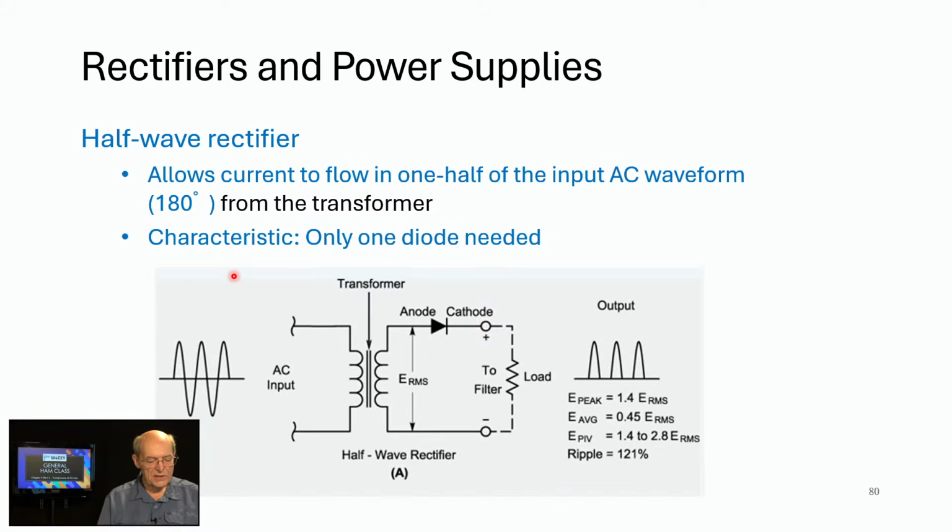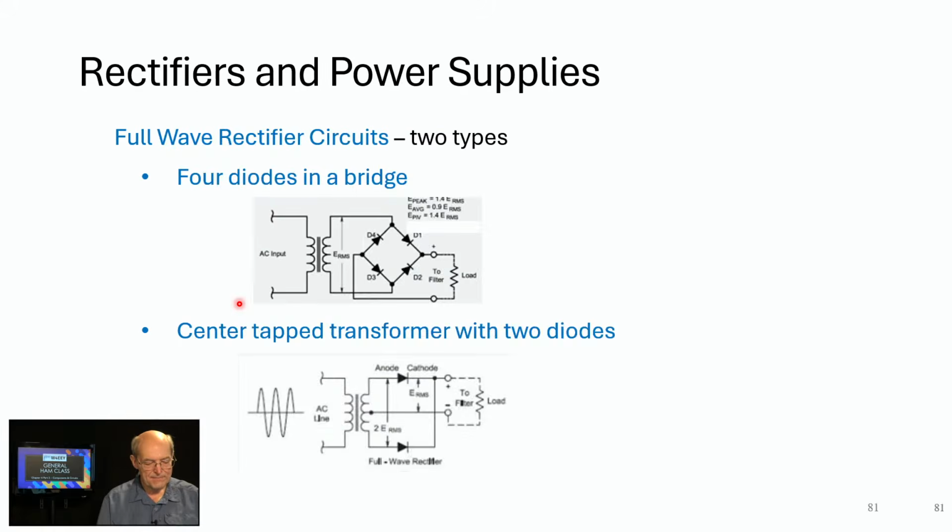A characteristic of a half-wave rectifier, only one diode is needed. And these things are so cheap, though, that with the other flavors, there's not really much advantage here. This circuit will produce all kinds of hum. Notice how we've got all of these bumps here. They all produce hum, but this is the hardest one to filter. But the advantage is only one diode is needed.